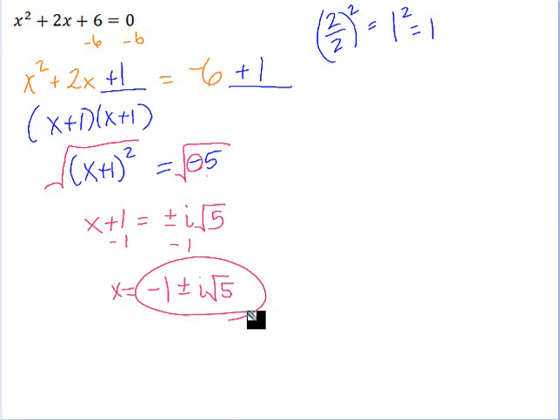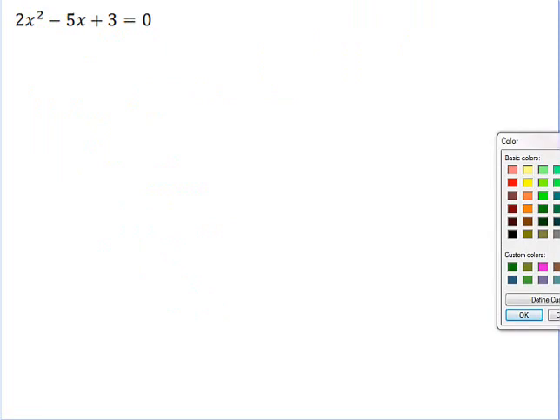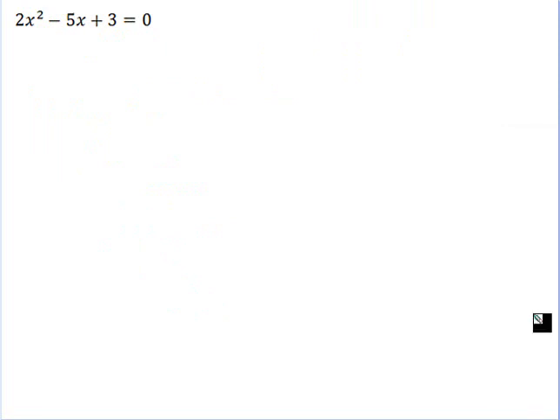And we will do one last example on this. 2x squared minus 5x plus 3 equals 0. So first off, we want to make sure we get the x squared and the x alone. So 2x squared minus 5x, and then here we would subtract the 3 to the other side of the equation.